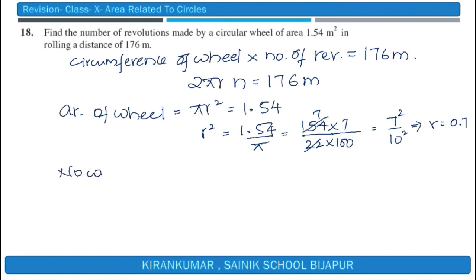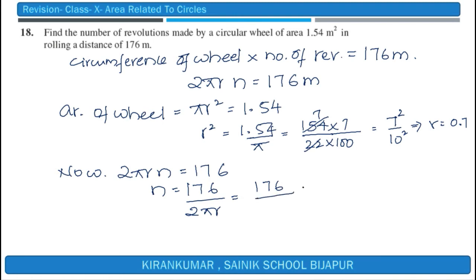Now let's go back and take this. n will be equal to 176 divided by 2 pi r. This will be 176 divided by 2 into 22 by 7 into 7 by 10, because 0.7 is 7 by 10. So let's simplify.